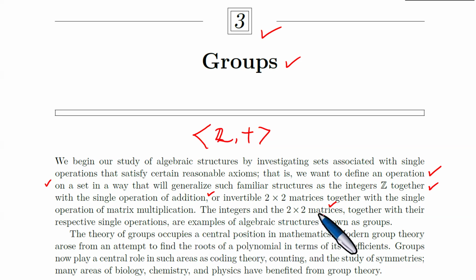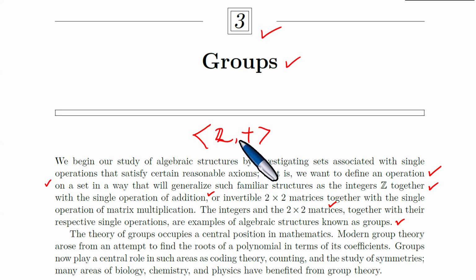So the integers and the 2x2 matrices, together with their respective single operations, are examples of algebraic structures known as groups. So far, the textbook highlights important structures. What are these?